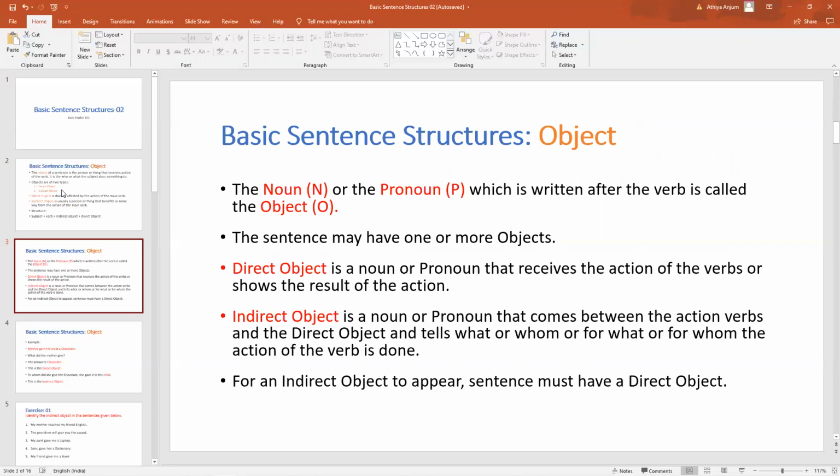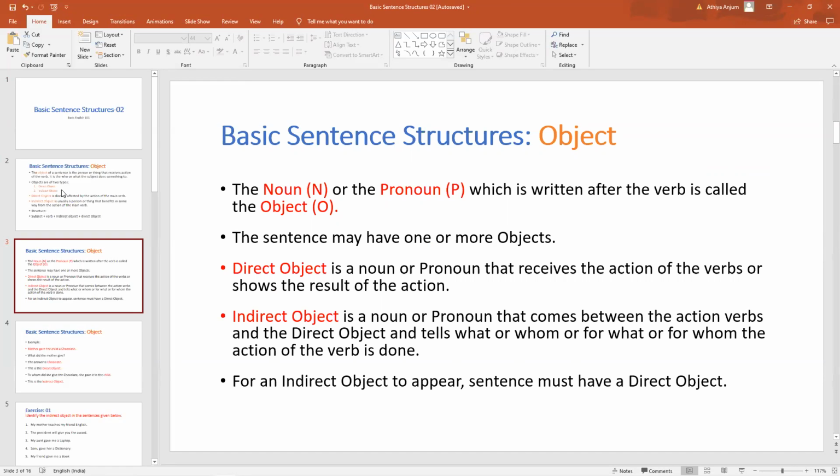And do you remember the pronouns that we use? In the object place, you can't use the nominative pronouns. You can't say I, she, he, but you will be using me, us, him, her, okay, you, and then them. You will not say they. All right. So these are the pronouns you will be using in the place of the object. So you have to be careful with that.